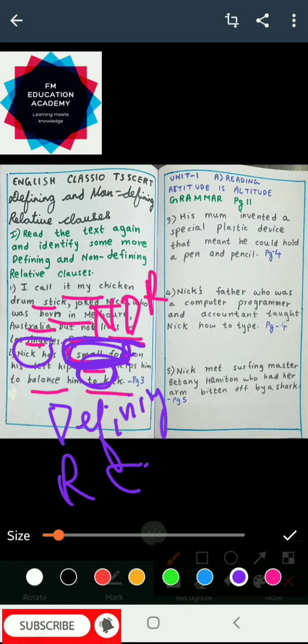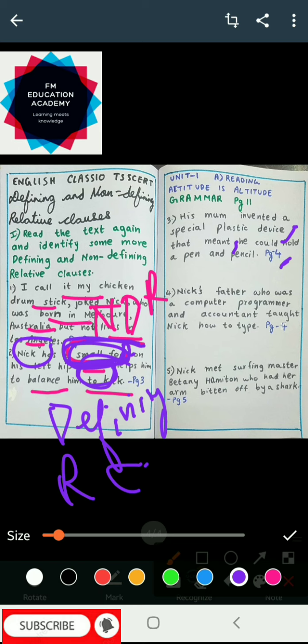Okay. Now see the third example. It is on page number 4. The second example was on page number 3 of your textbook. The third example is on page number 4. "His mum invented a special plastic device that meant he could hold a pen and a pencil." So here also we can observe: his mum invented a special plastic device that meant he could hold a pen and pencil.